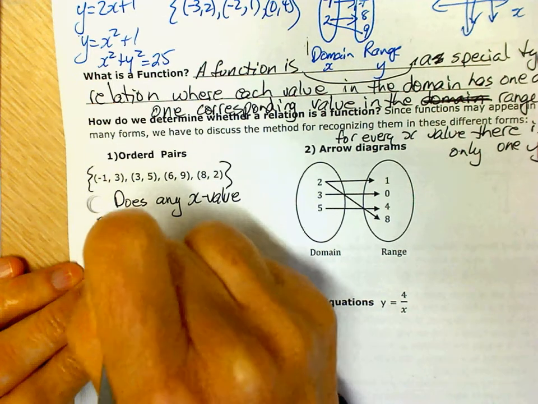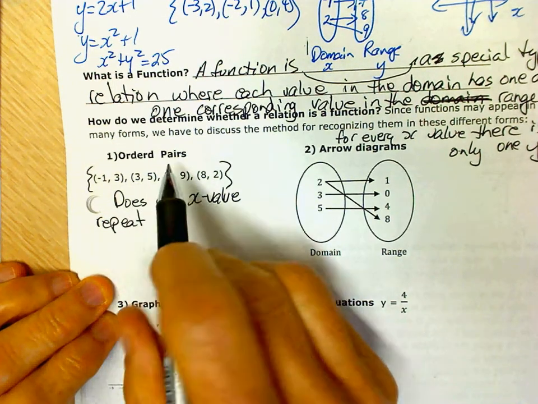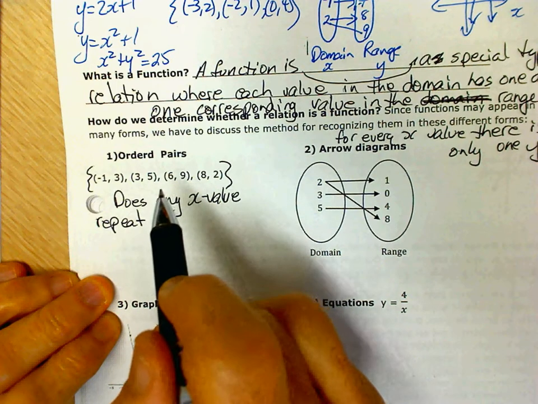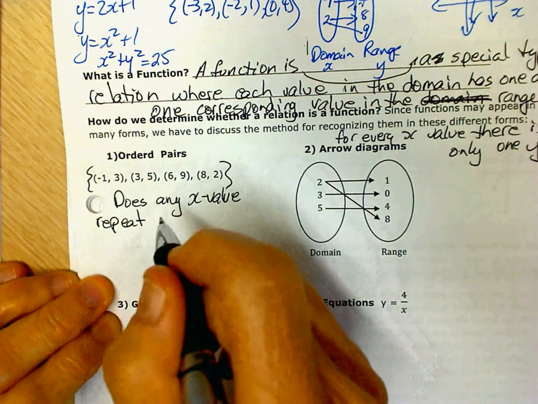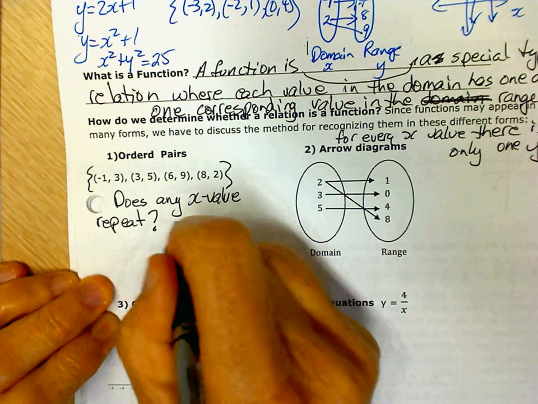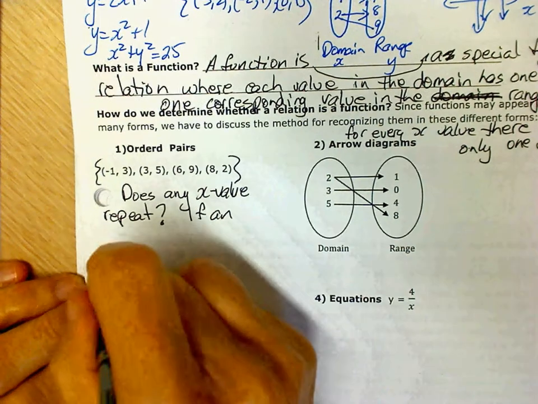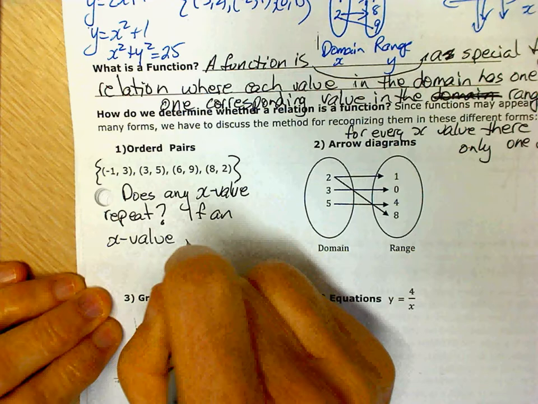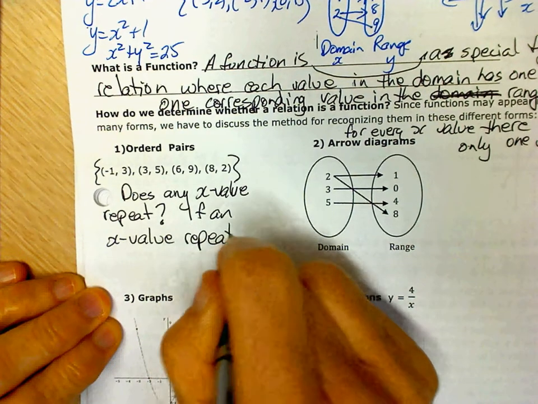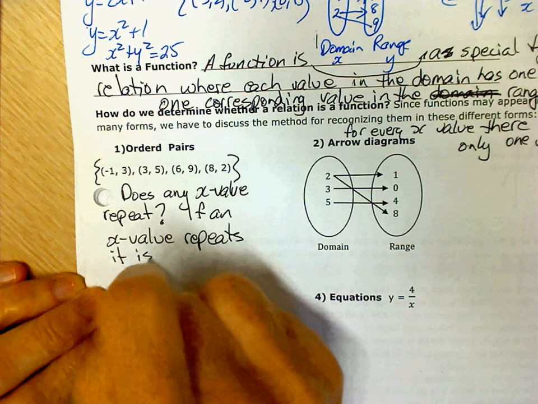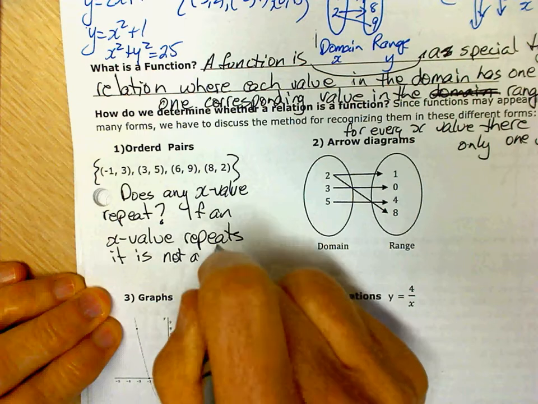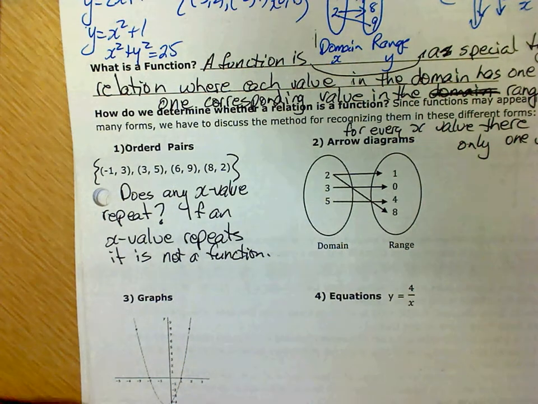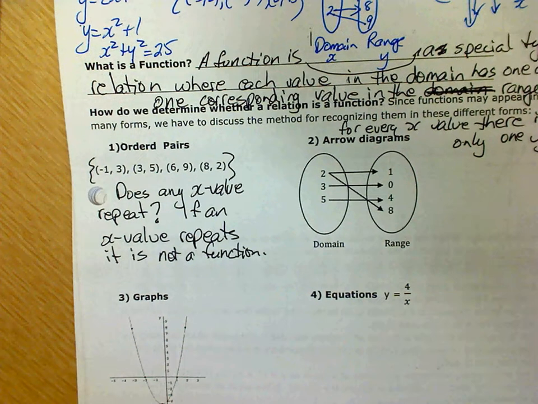If it does, if you have a 3 and a 5 and a 3 and a 2, for example, then it's not a function. If any x value repeats, it is not a function.